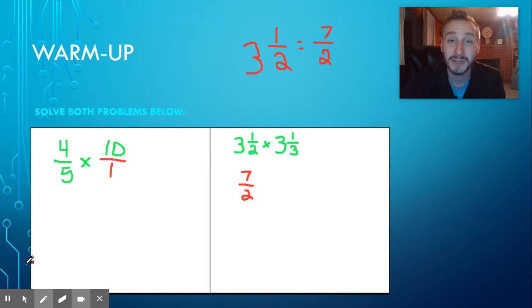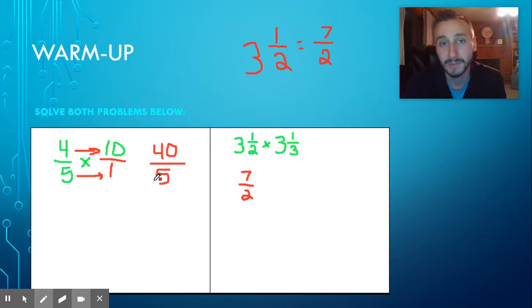Okay, so hopefully you gave yourself enough time. Let's go over the answer together. For this one, both of our fractions are lined up, so that means we can multiply straight across. 4 times 10 gives you 40, and then 5 times 1 gives you 5. Now this is an improper fraction.